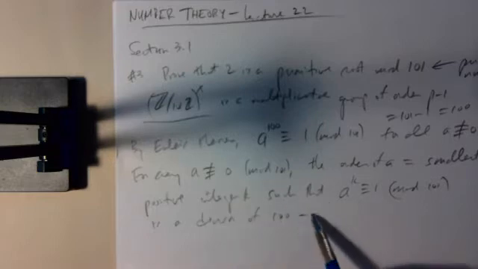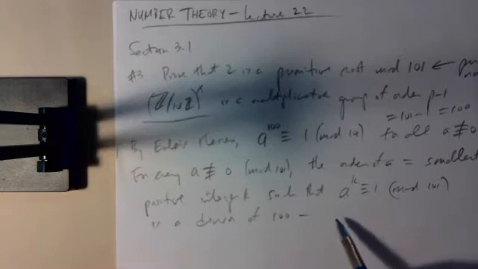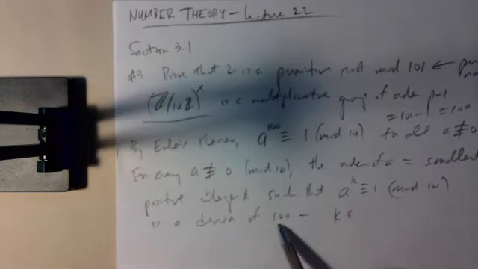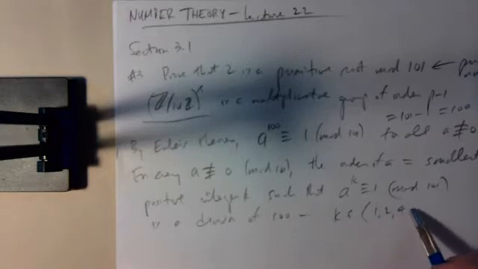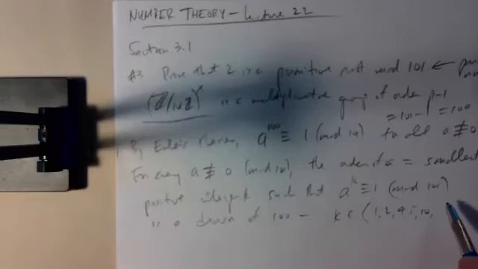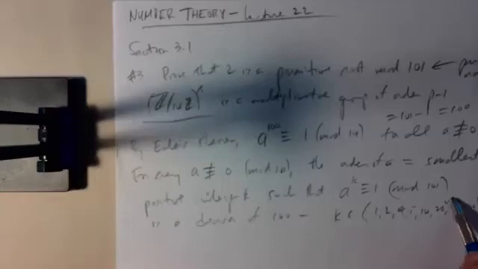is a divisor of 100, which means k, what are the divisors of 100? 1, 2, 4, 5, 10, 20, 50, and 100. You're missing 25, Professor. Sorry? Oh, and 25, thank you.